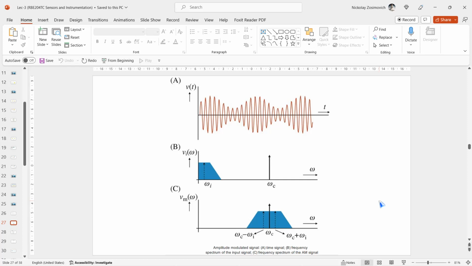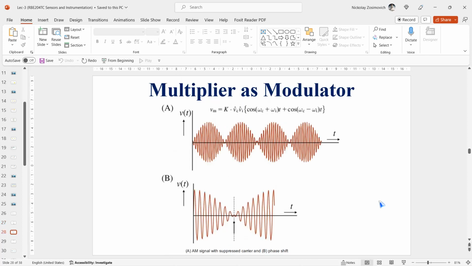There are many ways to modulate the amplitude of a carrier signal. We discussed only three methods: the multiplying modulator, the switch modulator, and the bridge modulator. Multiplication of two sinusoidal signals, V_C and V_I, carrier and input, results in an output signal, as you can see in this equation.